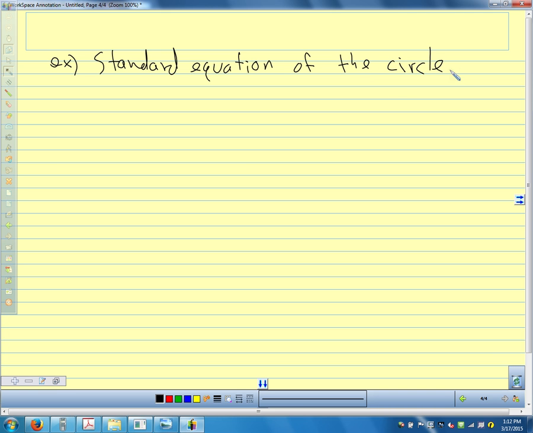So we want the standard equation of this circle: 9x squared plus 9y squared plus 54x minus 36y plus 17 equals 0. So this is a circle, but we want the standard equation. And our standard equation, I just want to write it here to contrast.